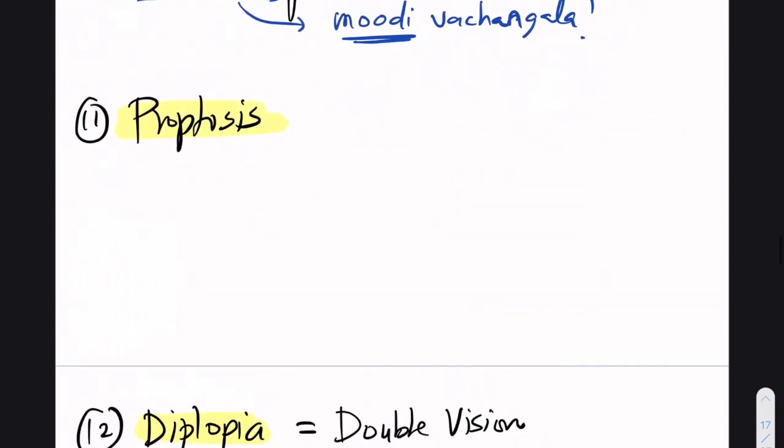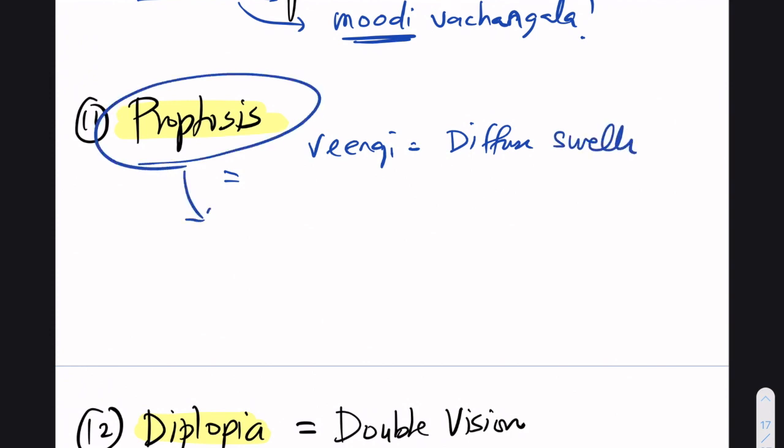Coming to proptosis. So proptosis is again a very non-specific term. Okay, most patients will describe it as a swelling. So kannu veengi irukku. Okay, veengi is also a diffuse swelling as in a preseptal cellulitis, but a very specific term they made use of for proptosis is kannu munnadi vanda madiri irukku, which means the eyeballs have moved forward.